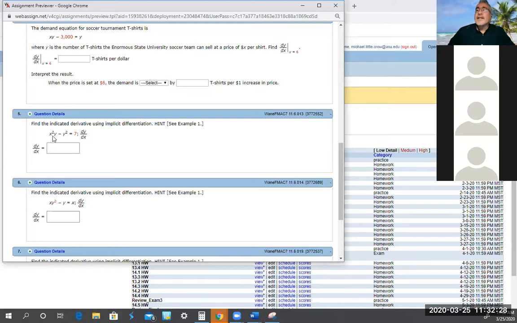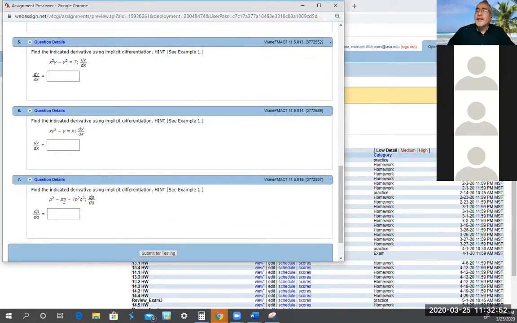Looking at number 5, x squared times y, there's going to be the product rule here. But this is y squared, so this won't be the product rule because it's just a single item. Down in 6, I'll use the product rule on x times y to the 3rd.